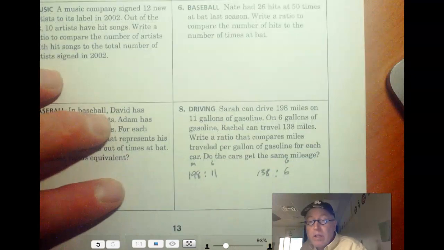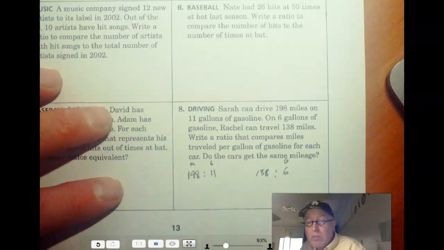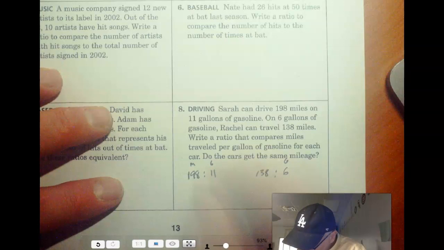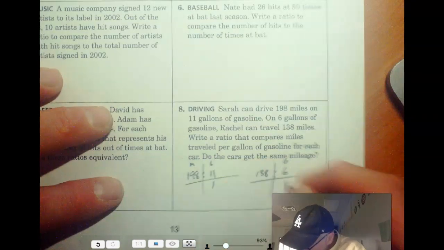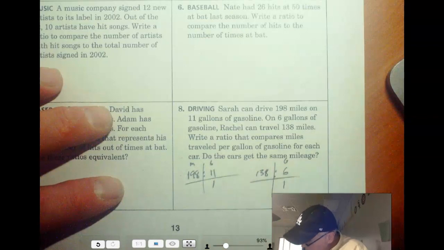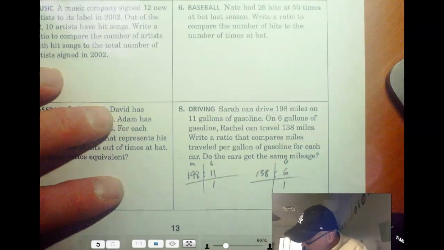Write a ratio that compares the number of miles per gallon of gasoline for each of the cars. Do the cars get the same gas mileage? Well, the way you do that is you put a 1 down here. This is called unit rate. A unicorn has 1 horn, and a unit is 1 of something.